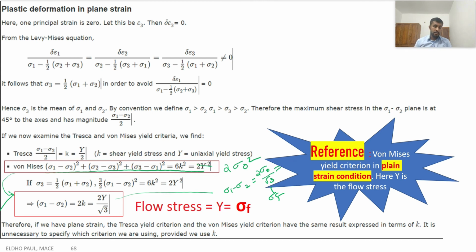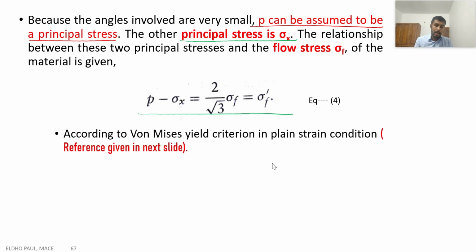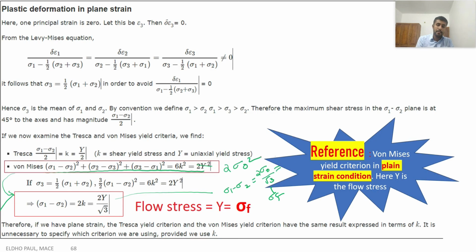So we simplify the von Mises criterion, and in this rolling process the simplified von Mises criterion is applied.